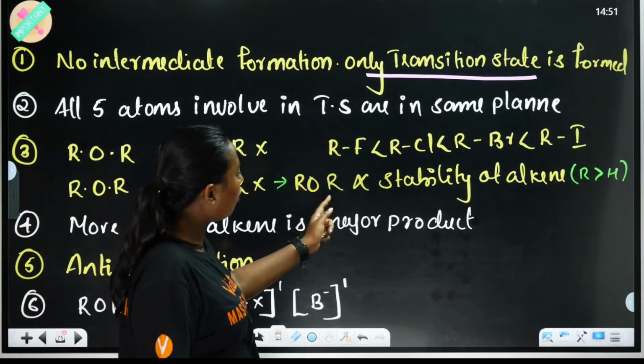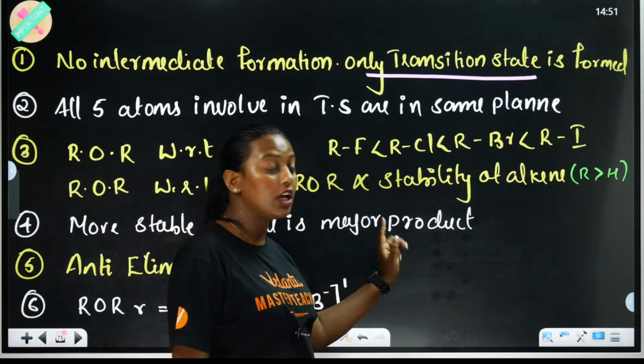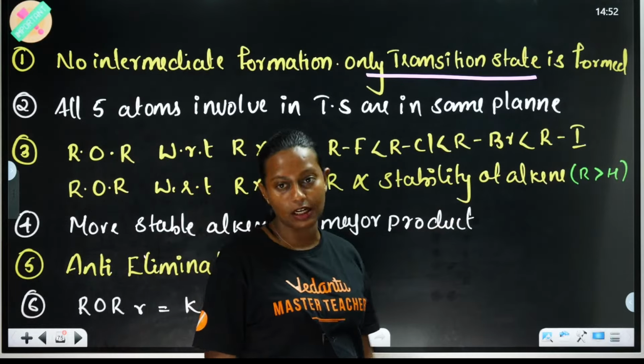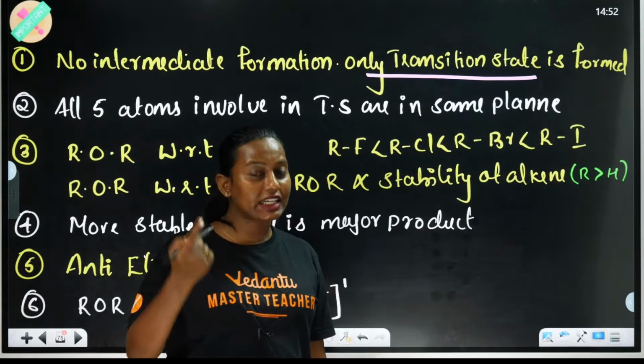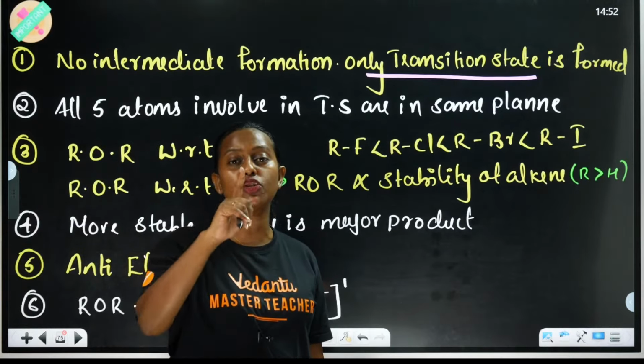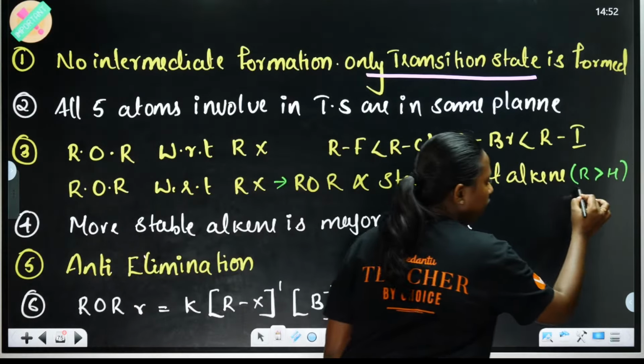Rate of reaction is directly proportional to the stability of alkene. When you consider the stability of alkene, first you should consider resonance.